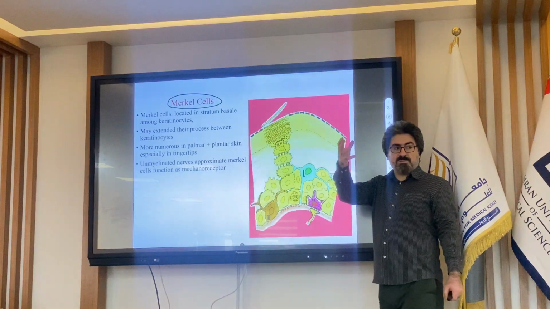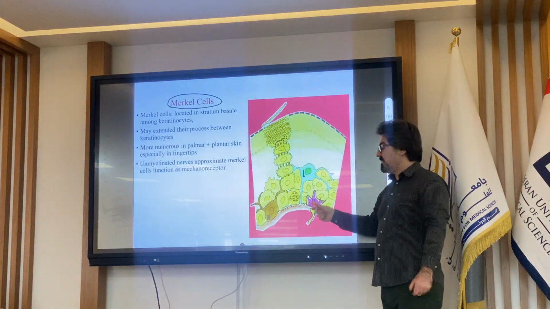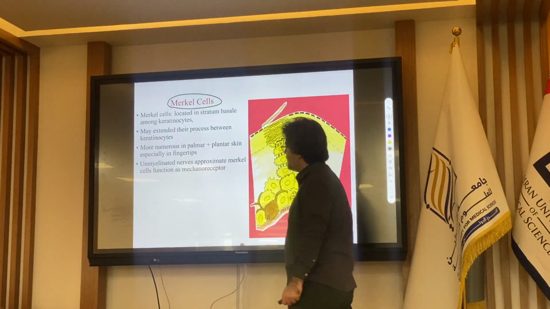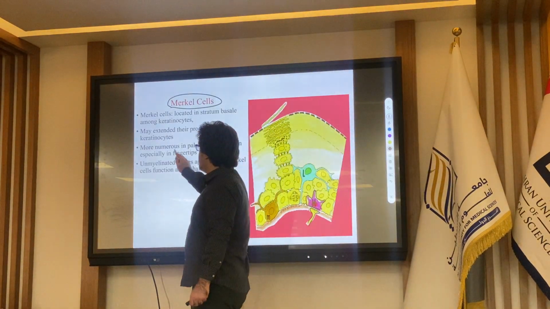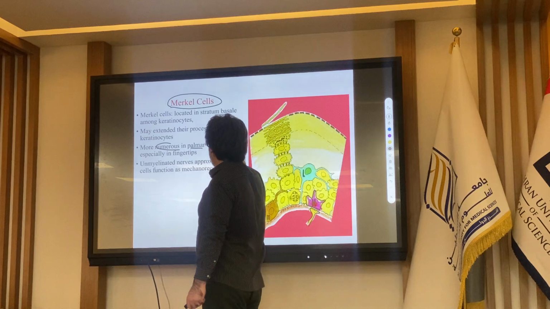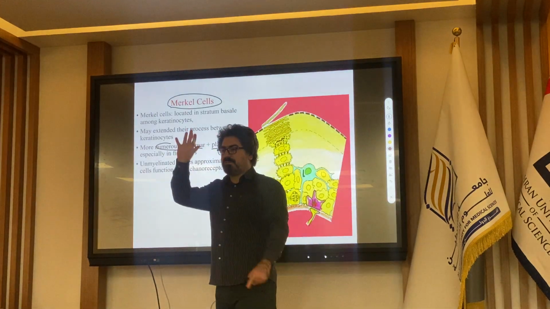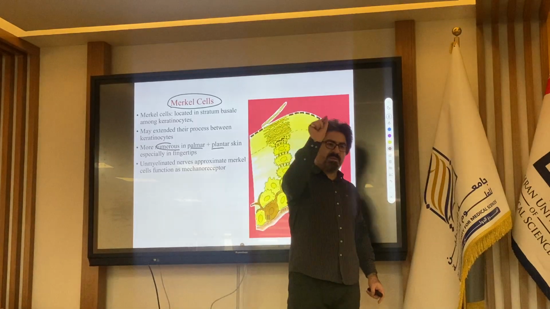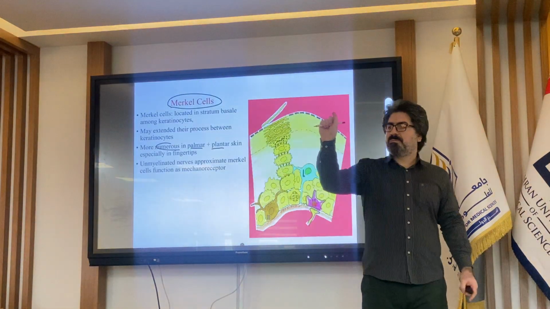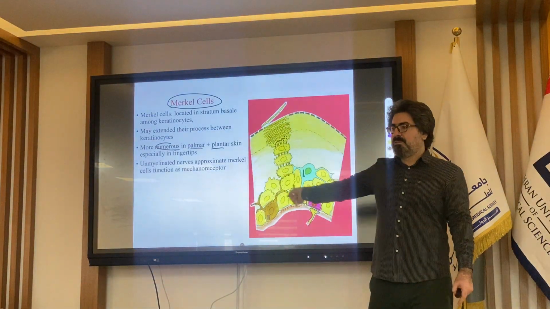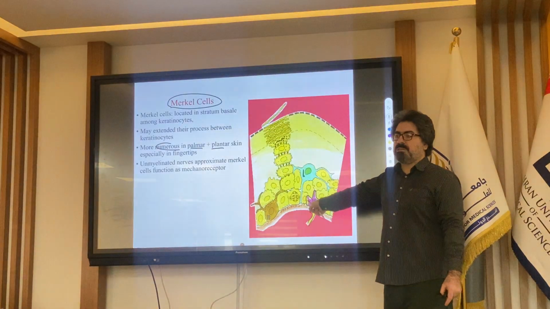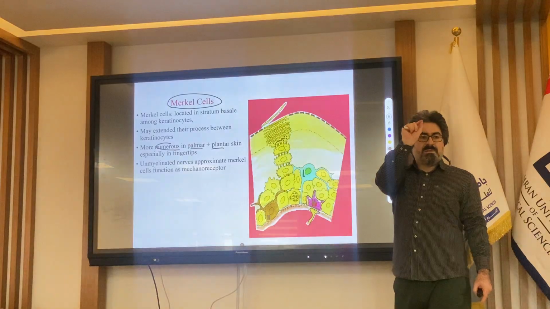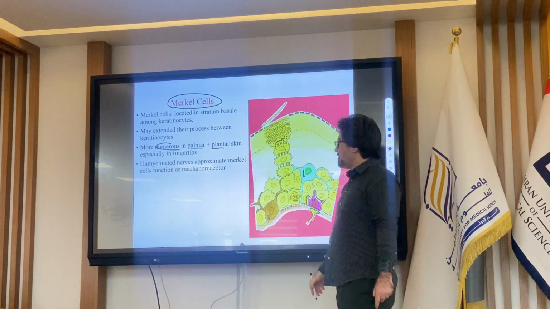There are other receptors for temperature, but the Merkel cell is a mechanoreceptor. And it is numerous in palmar and plantar skin, palm and sole, and fingertip. Numerous in the fingertip, because the fingertip is so sensitive. Because there are abundant Merkel cells in the skin of the fingertip.